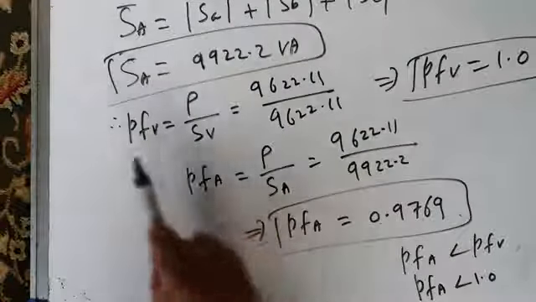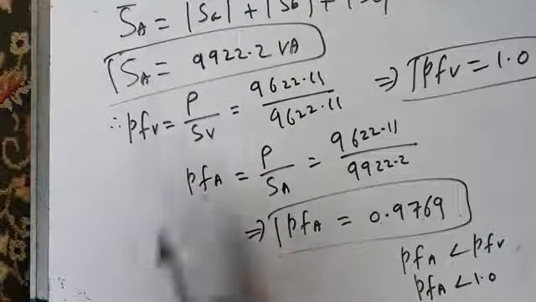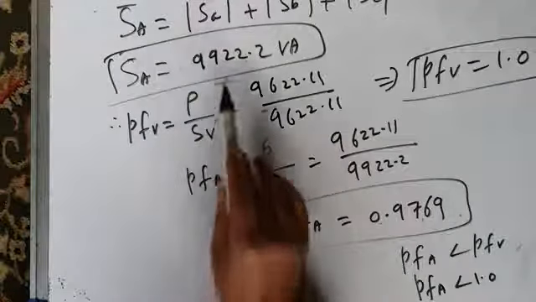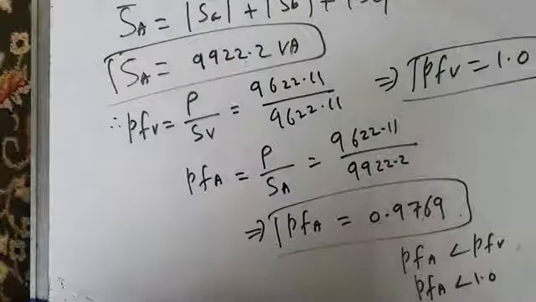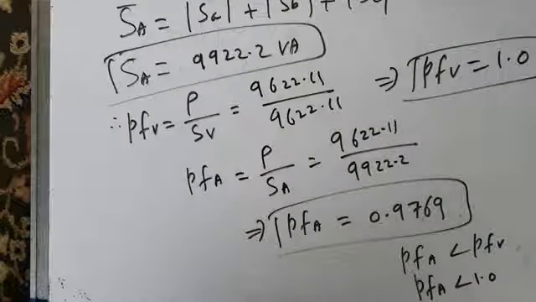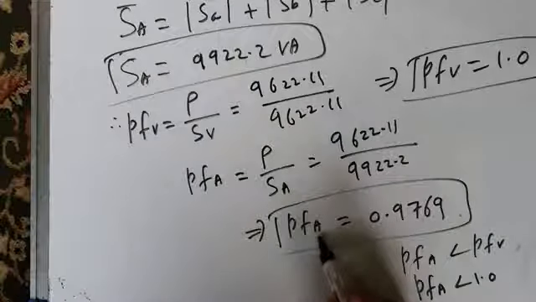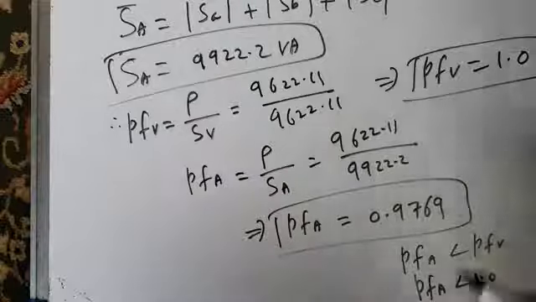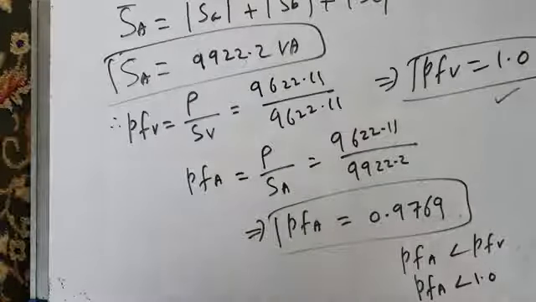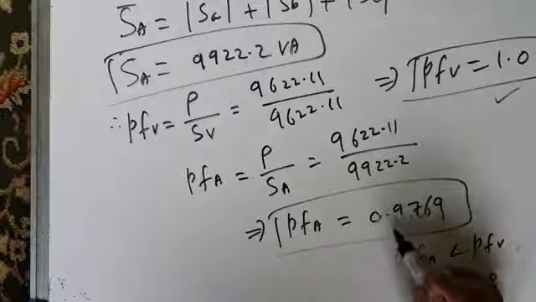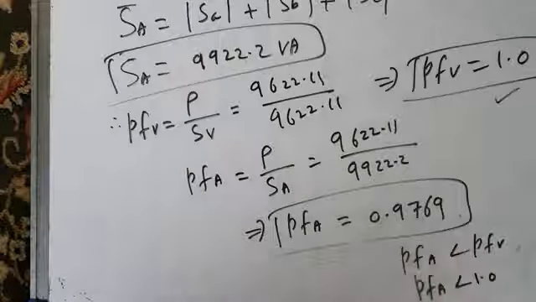In addition to vector apparent power, we define arithmetic apparent power, and it is greater than vector apparent power because it takes into consideration the additional losses in the feeder or line due to unbalance in the system. So the arithmetic power factor will be less than the vector power factor. In this example, the vector power factor was 1, but the arithmetic power factor is 0.9769 because it takes into consideration the additional line losses due to the unbalance in the load currents.